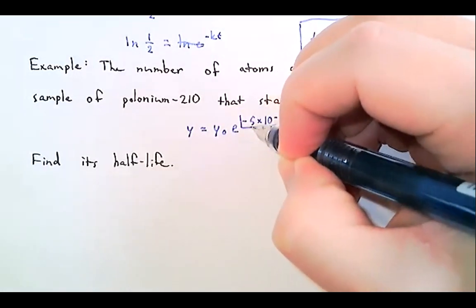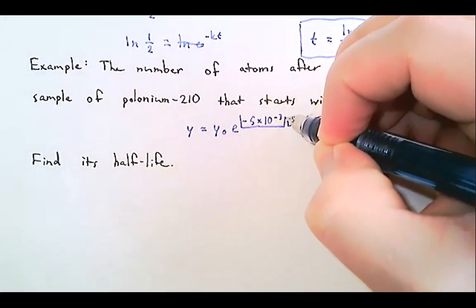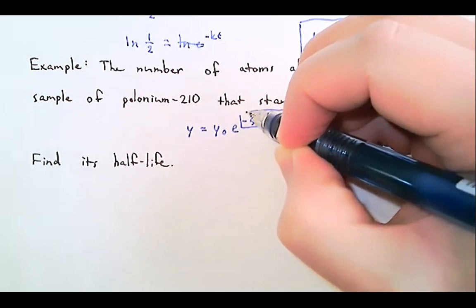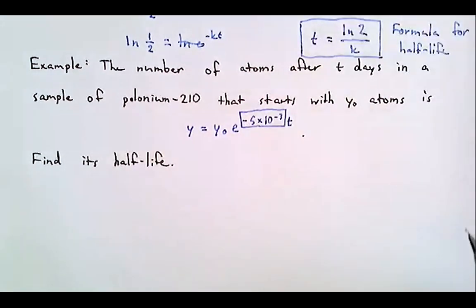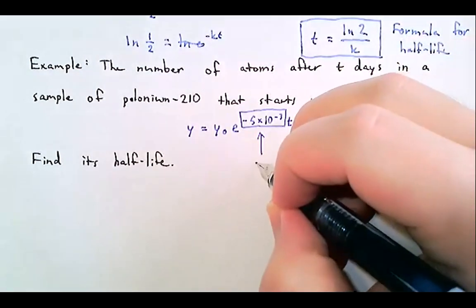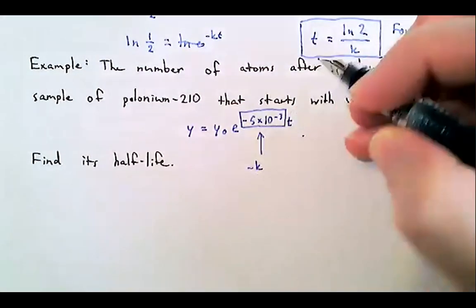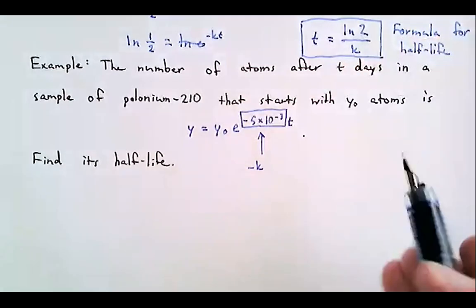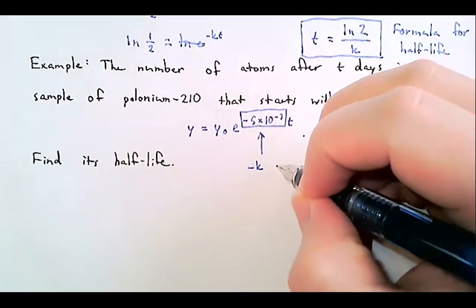So like I said, this in the exponent, this minus 5 times 10 to the negative 3, this is k, the decay rate. Or really, if I include the negative sign, this is minus k.